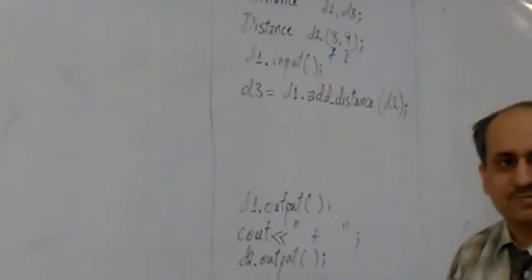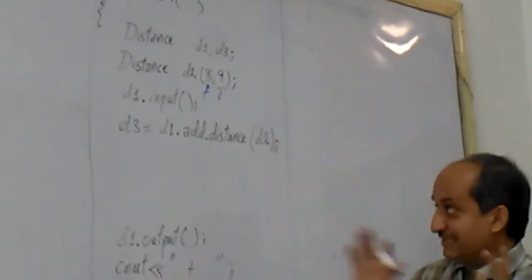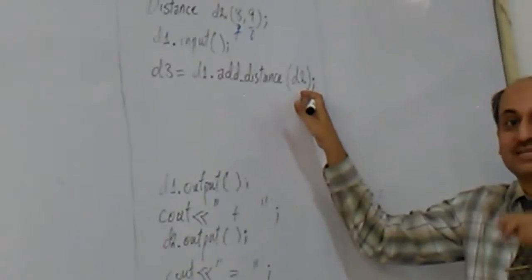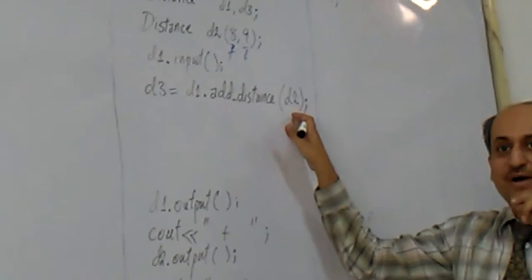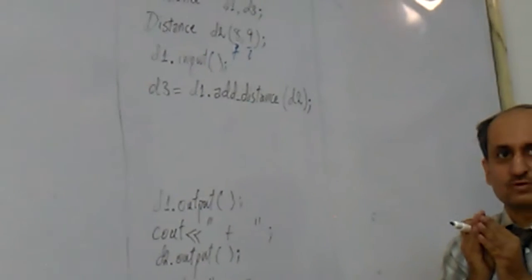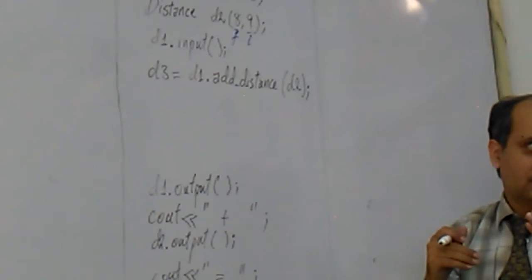Is this statement understandable? Yes, sir. Why not? We intend to add d1, the calling object of this function, and d2, the object being passed as argument. We want to add these two distance values and return their result.